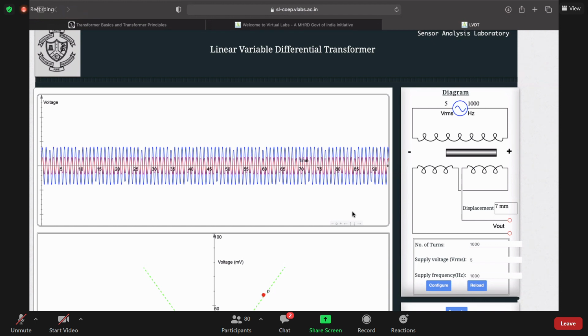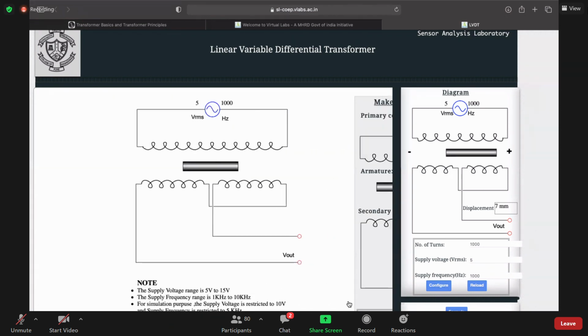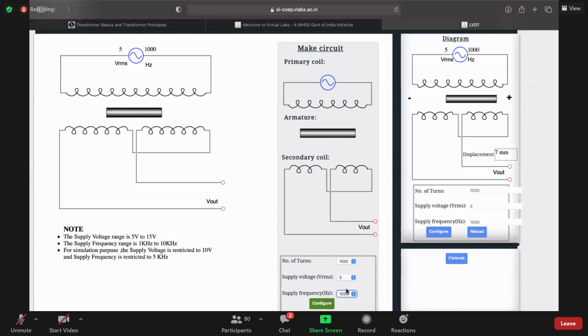Yes, right. Change frequency from 1000. Sir, here I can't see 2000. Yeah, 3000.